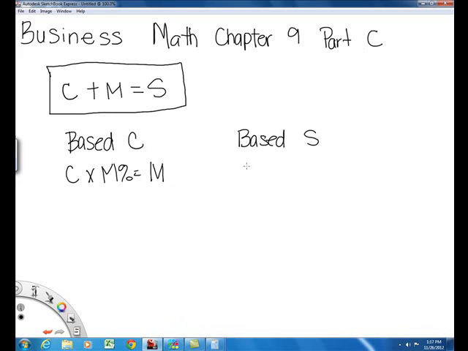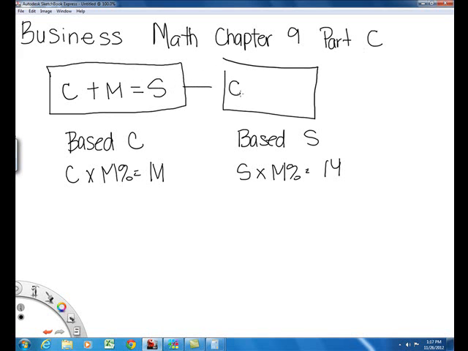We can take our selling price, that would be our base, times our rate, and still get our mark-on amount. Okay? We still use this same formula because our cost plus our mark-on will always equal our selling price, no matter what it's based on.